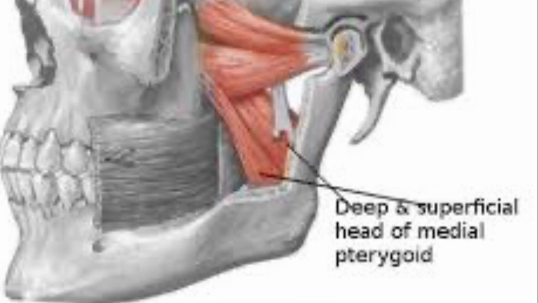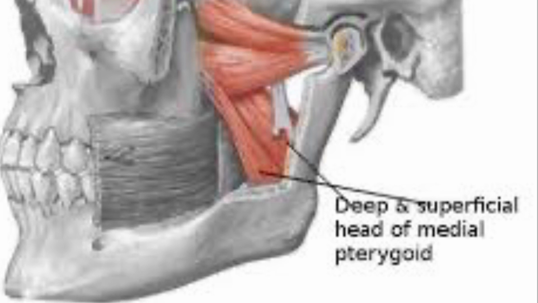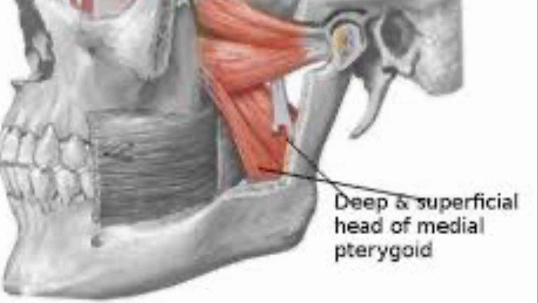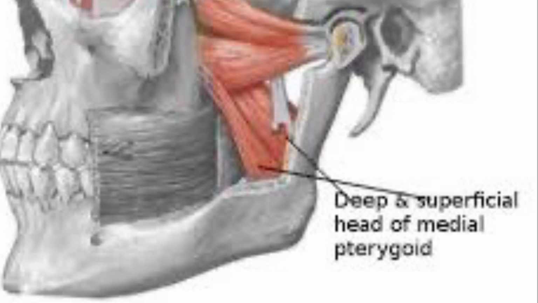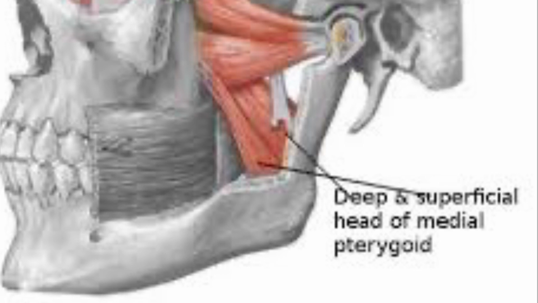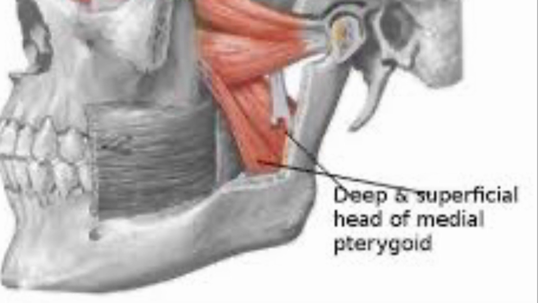This medial pterygoid muscle is supplied by the medial pterygoid branch of the mandibular nerve V3, and blood supply comes from the pterygoid and buccal branches of the maxillary artery, and the ascending palatine and muscular branches of the facial artery.